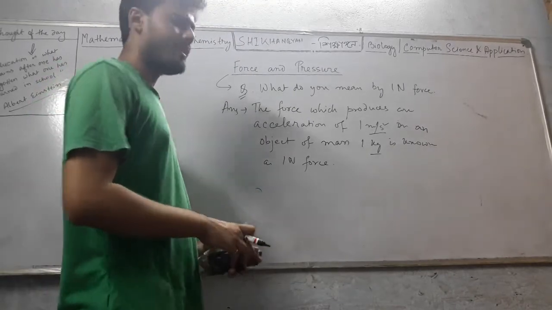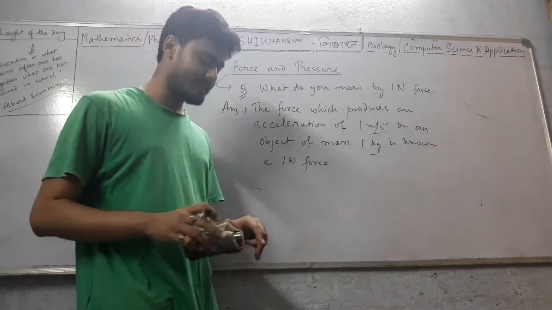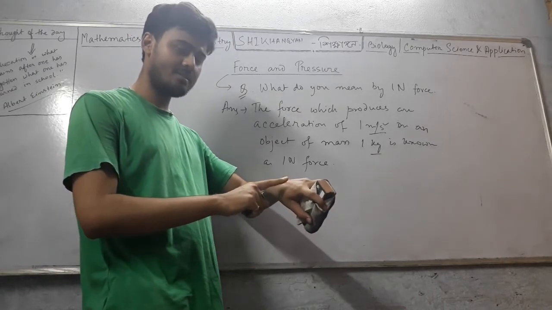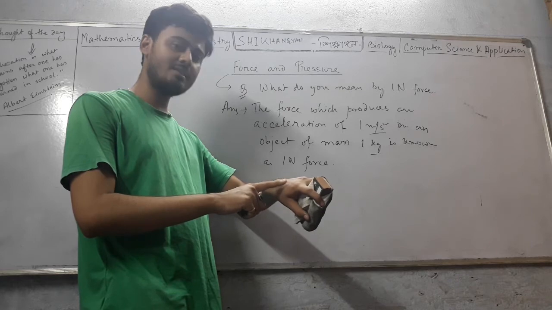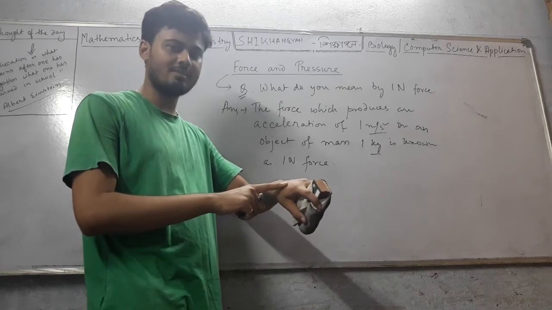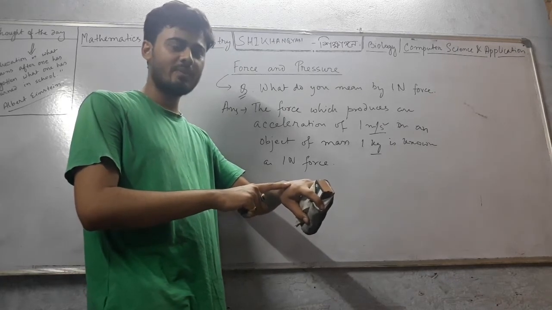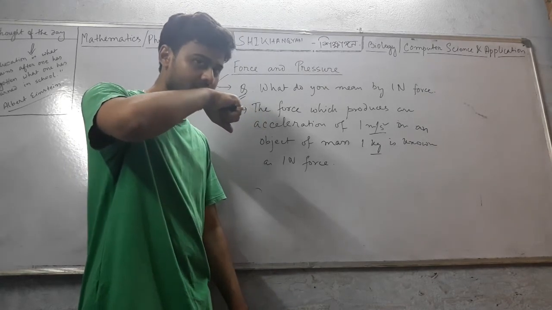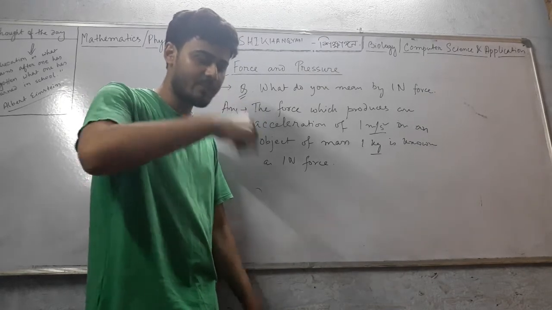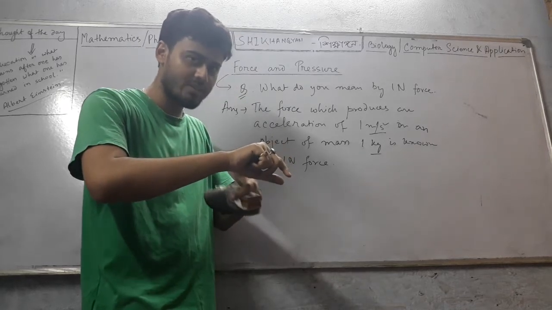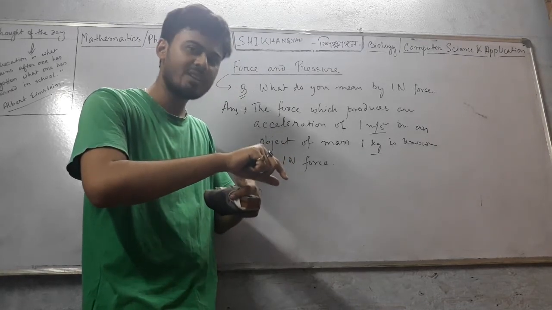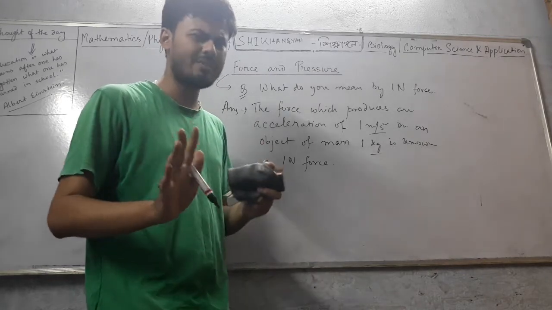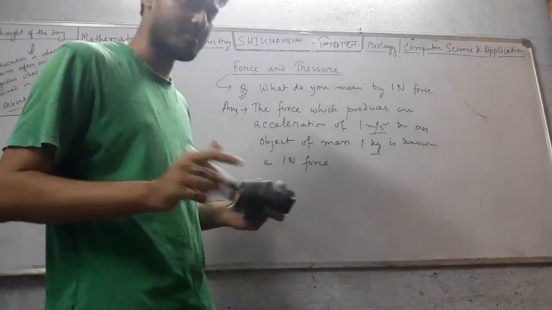Now for a comparative study, I can say this touch, the simple touch, it is more or less 1 Newton force. And just keep your hand here near your mouth. The amount of air that falls on your hand, the force created by that air is more or less about 1 dyne force. This is a comparative study. It's not a very accurate measurement.